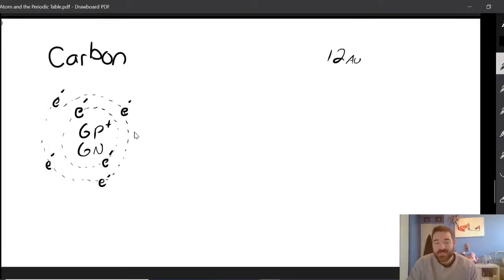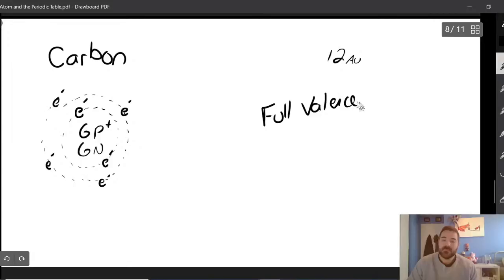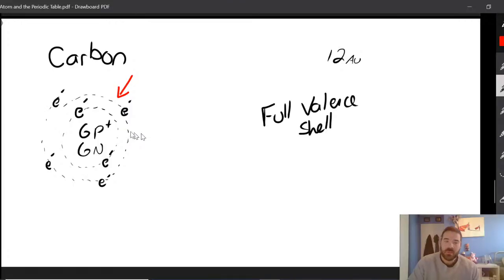And what really happens is electrons like to be in a state where they have a full valence shell, which means atoms like to have the maximum number of electrons on their outside orbit.